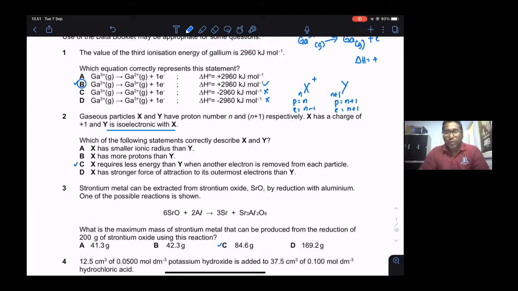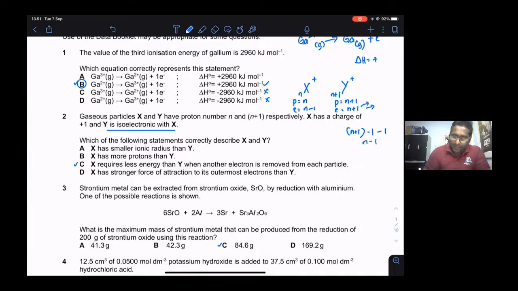So how do I get N minus 1? First you remove 1 electron, so you get N, and it's plus 1. If you remove another electron, then it's N minus 1. So from N plus 1, I remove 1 electron, then another electron, and I get N minus 1.